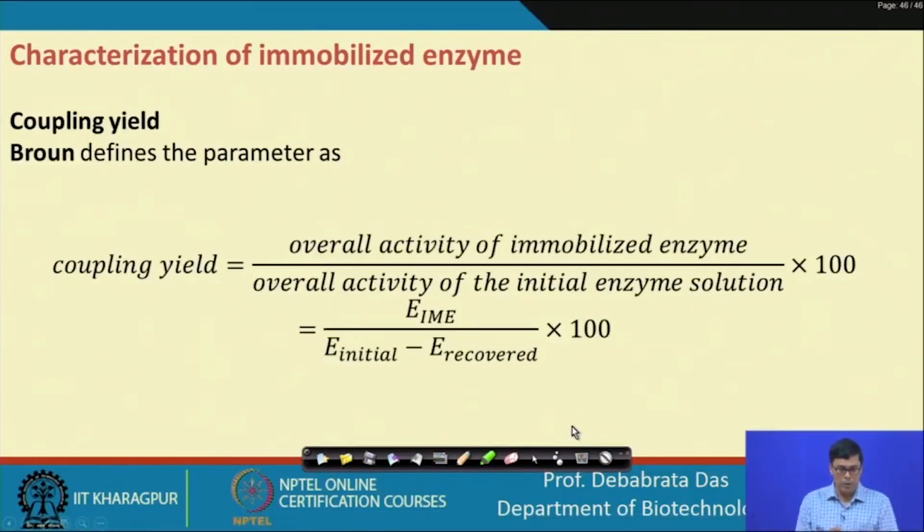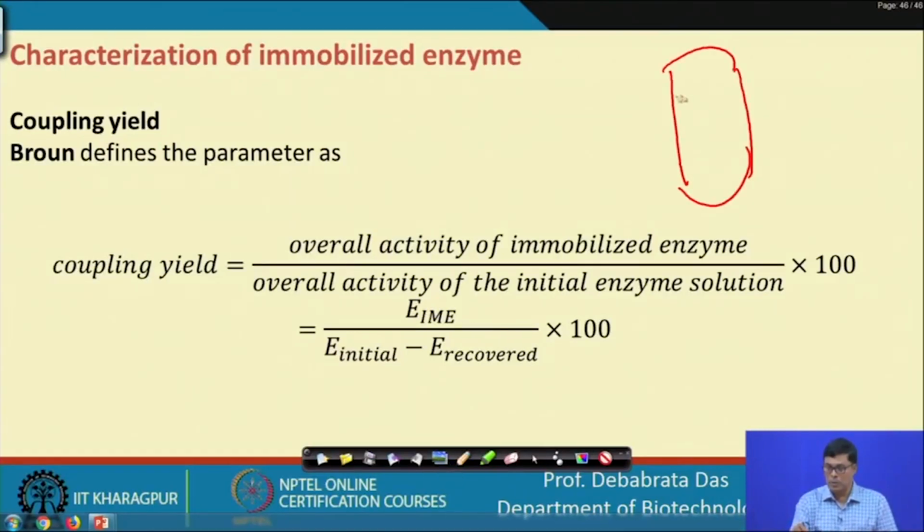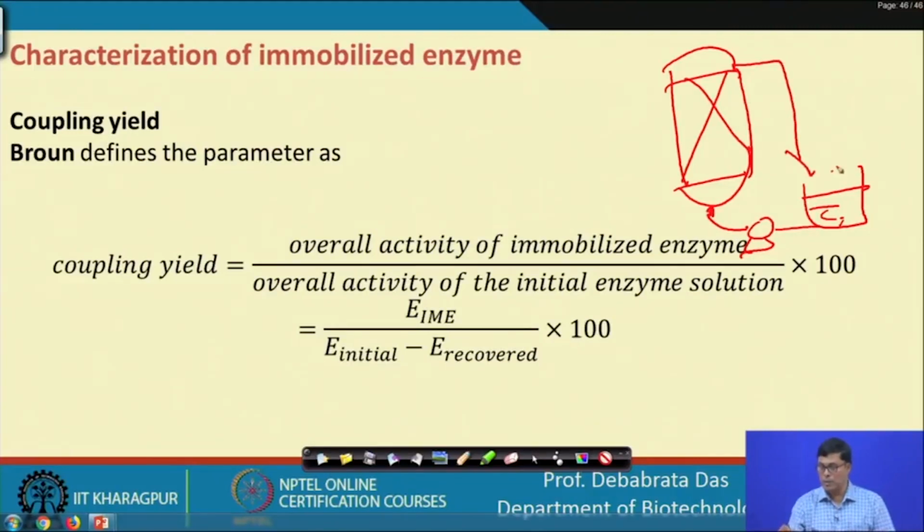Now, this is very important. In case of immobilized enzyme, we come across the coupling efficiency. Coupling efficiency means, suppose this is a column, and you want to immobilize the enzyme here. First you prepare an enzyme solution, and with the help of a pump you take the enzyme here, am I right? You take it out and you take it back here. So you recycle again and again until it is saturated.